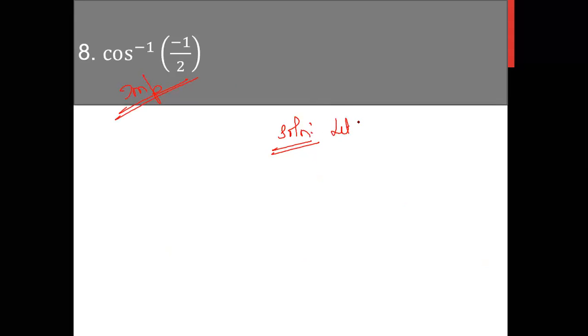Okay, so let y is equal to cos inverse of minus half. I think I have got the answer. Someone is giving 3 pi by 4, someone is giving 60 degree, pi by 2 minus 60 degree.